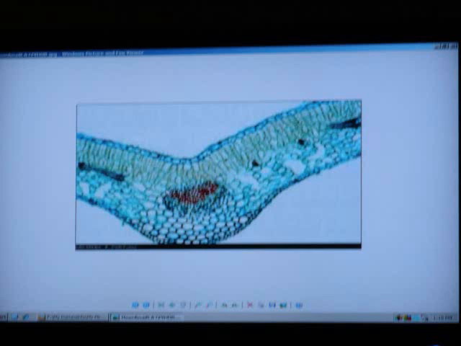Oh, let me look up pine needle cross section. See if it'll finish the word. There you go. See, it'll finish for you when you type cross section. The one you're going to see is kind of like this one here.